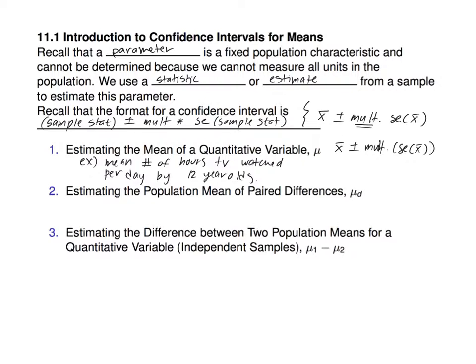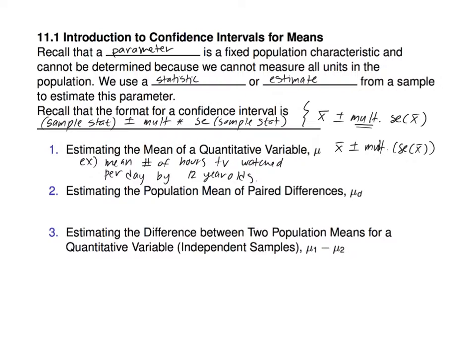Are paired differences in essence different than regular means? Remember the paired difference example is kind of like taking someone's before weight and after weight in a diet study, or mothers and daughters, difference in heights. Those are also an obvious pair, right? So when you're talking about paired differences, you always have a pair of things: before, after, mother, daughter, father, son, and you find the difference, and then you average those differences.